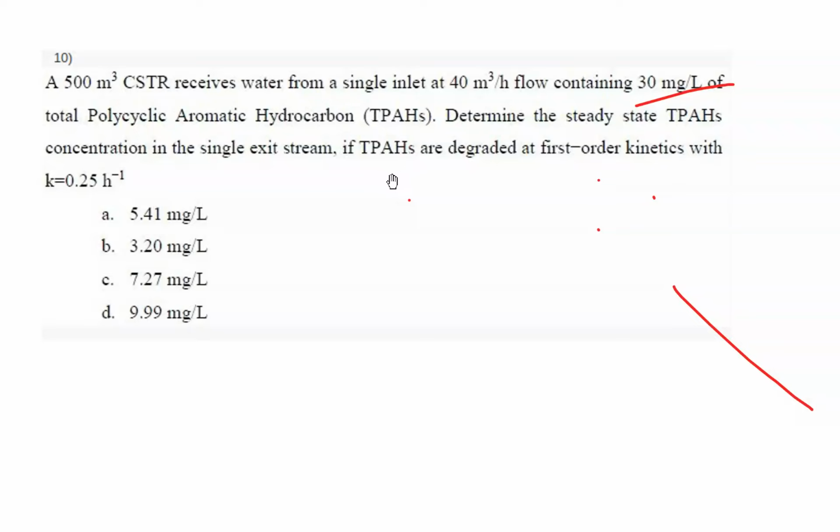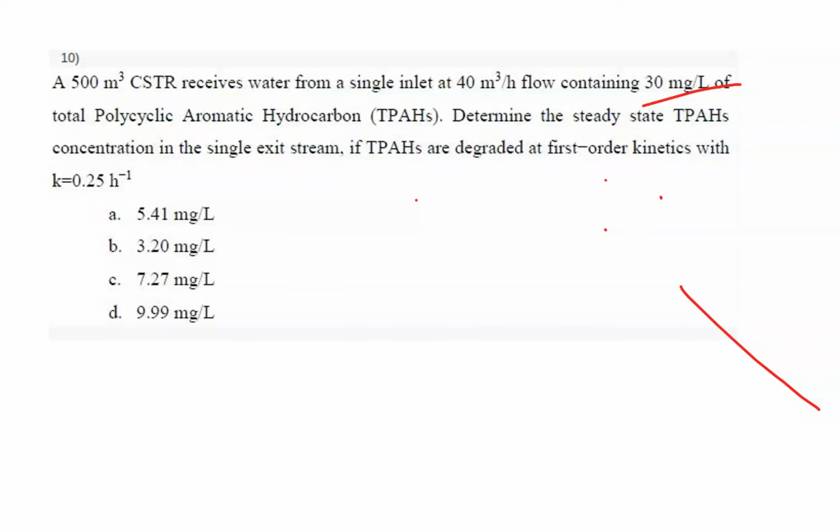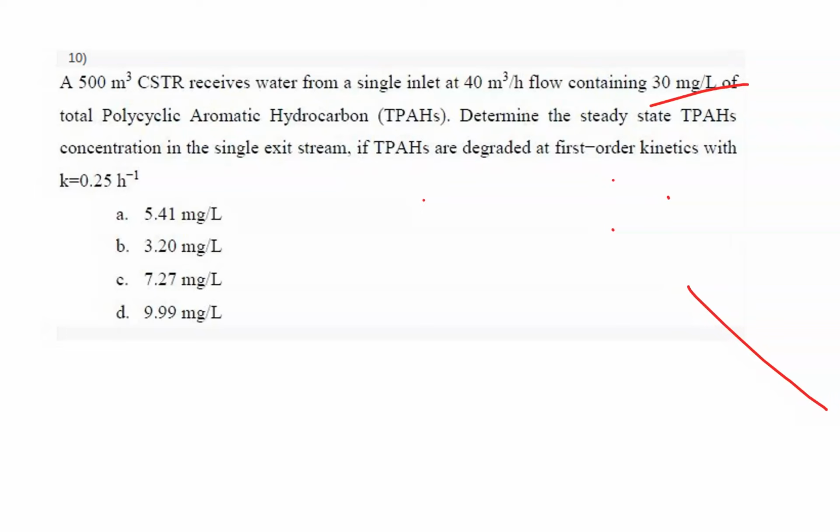Determine the steady state TPH concentration in a single exit stream if TPH is degraded at first order kinetics with k equal to 0.25 per hour. So this is the question, and the equation that I showed you in the previous slide, we have to use that equation and solve this problem.